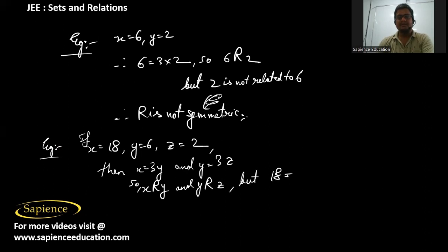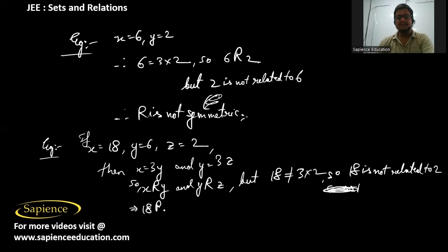But 18 is not equal to 3 into 2. So it means that 18 is not related to 2. So I can say that here 18 is related to 6 and 6 is related to 2, but 18 is not related to 2.